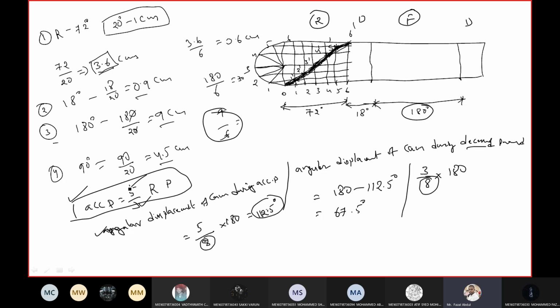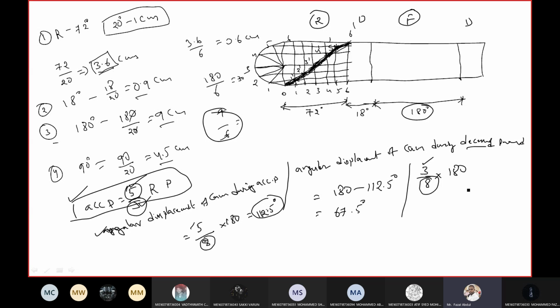For the ascent, you need to select the top value, and for the descent value, you need to select the bottom value and write it here. And whatever you write here, the denominator 8 is common. So how do you get the 8 value? By adding the numerator and denominator, 5 plus 3, you will get the 8 value.